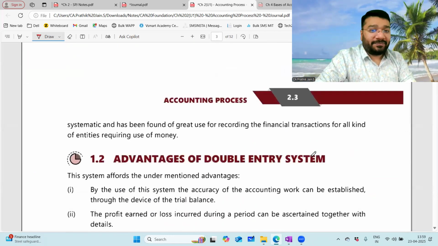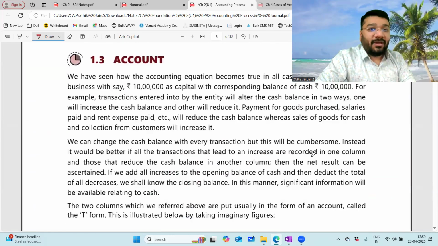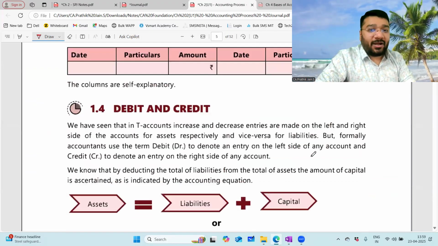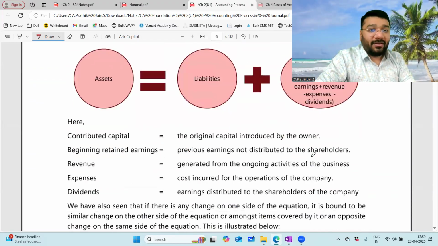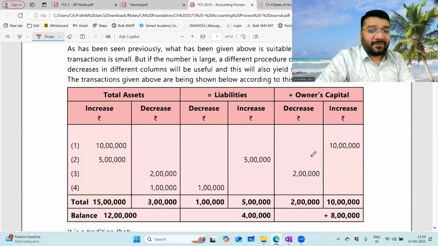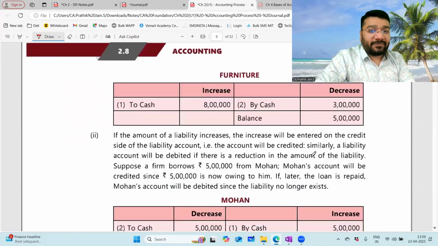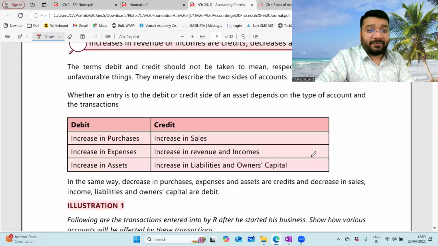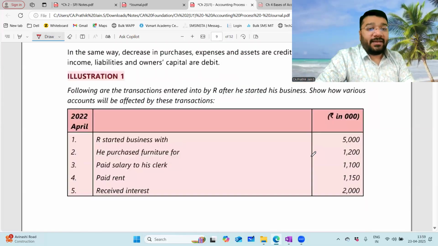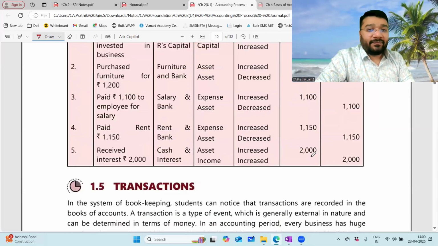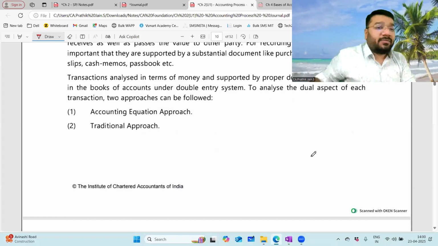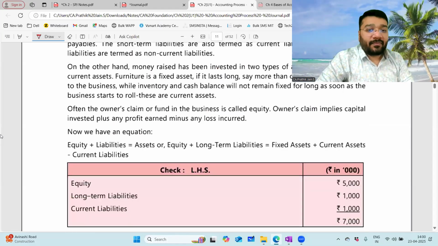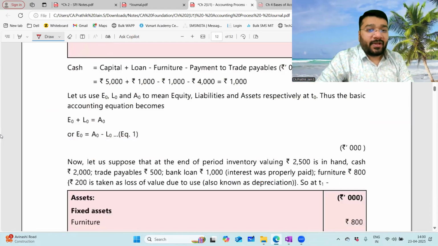Double entry system. Advantage of double entry system. Account, cash account, cash creditor account, debit credit meaning, accounting equation, increase decrease. Illustration 1. Transaction. What is the meaning of transaction? Accounting equation approach, traditional approach. Correct?